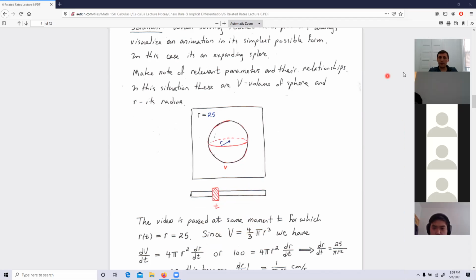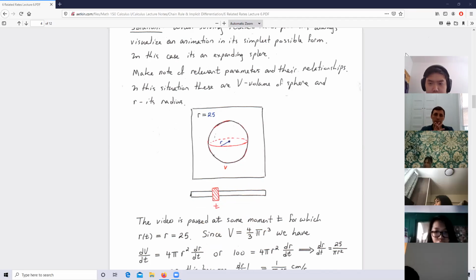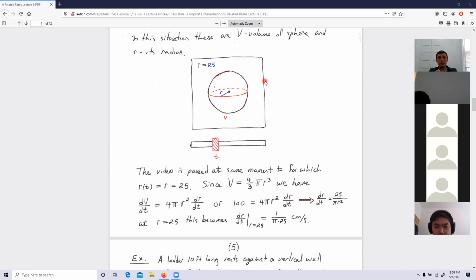And not everywhere, but at the moment, I don't know where in the video, I pause, where it happens to be that the diameter is 50 centimeters, which means the radius is 25 centimeters. Do you agree? I am pausing the video at the moment where the radius is 25 centimeters. And what do I get? Now let's see what happens.